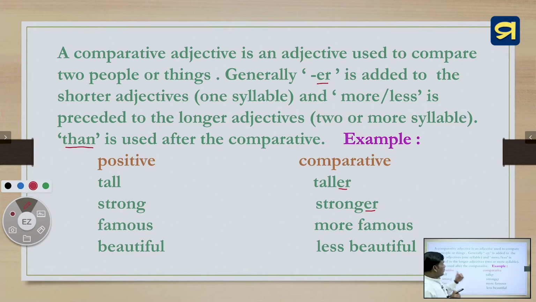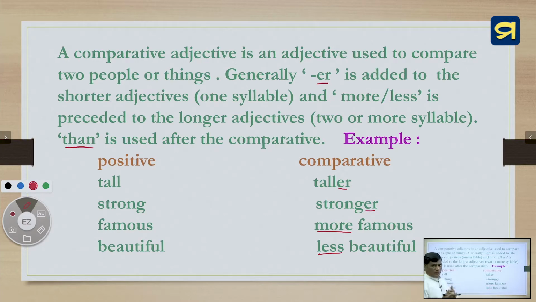In the comparative degree, more or less is used. Beautiful, less beautiful, or more beautiful, and famous, more famous, or less famous. In the comparative form of adjective, ER may be added or more or less is to be added.